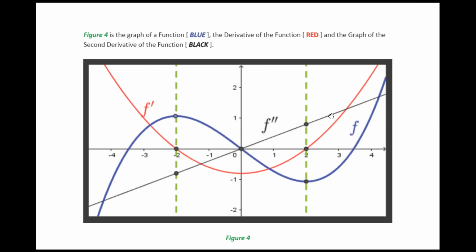And then, of course, this is a graph of the second derivative, which we've just thrown in because it's there. The only thing you get from it is that the second derivative is 0 here, so it must be a point of inflection, and since it's in the negative region, it must be concave downward, and it is. And here the second derivative is positive, so it must be concave upward, and it is.